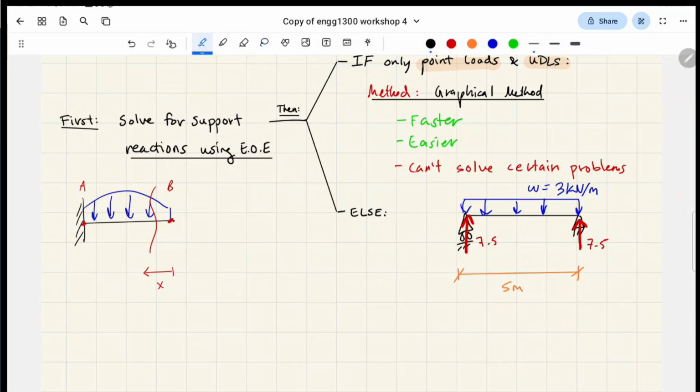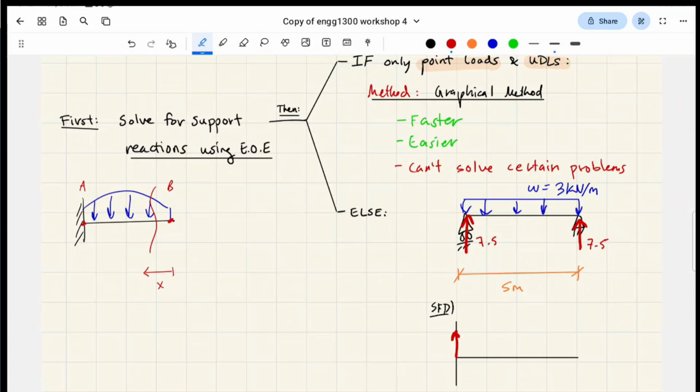Now on a shear force diagram, with the graphical method, essentially how it works is we go up by the support reaction on the left, if it's a simply supported beam, because we're analyzing left to right, and when you reach your support reaction, you go up by that magnitude.